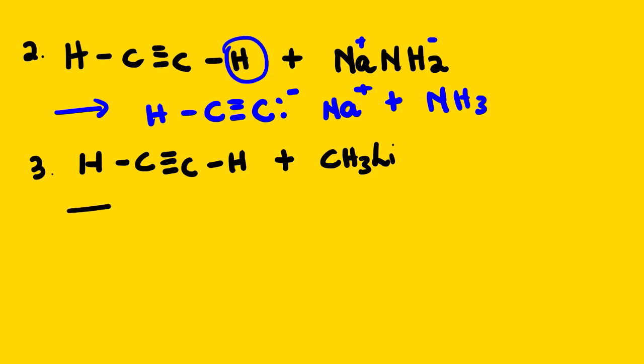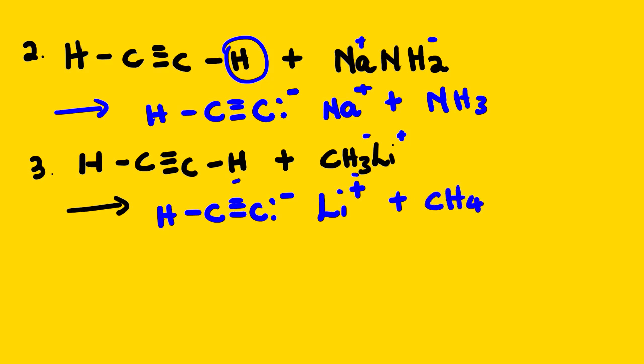So here our lithium will be positive, and then this one will be negative. So we are going to have our alkynide ion here and lithium, plus this hydrogen will join this carbon. We are going to have CH4.